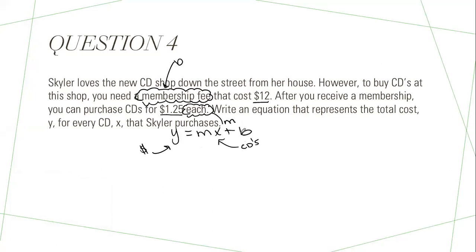We need our m and our b filled in. Go ahead, take 10 seconds, tell the person closest to you what you think the answer is. y equals 1.25x plus 12. Awesome. Ali, can you tell me what you got?